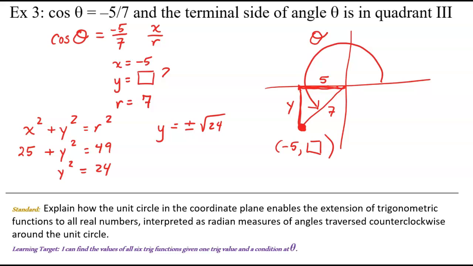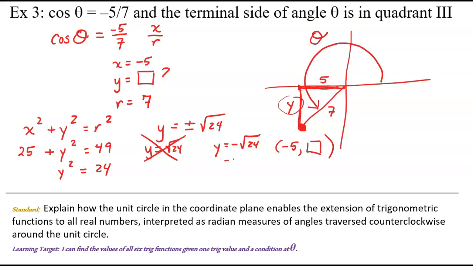Remember, the algebra tells me there are two solutions, but the geometry, the conditional statement, tells me my y-coordinate is in the third quadrant, which means of these two possibilities, geometrically, this one is impossible. It's extraneous in this situation.